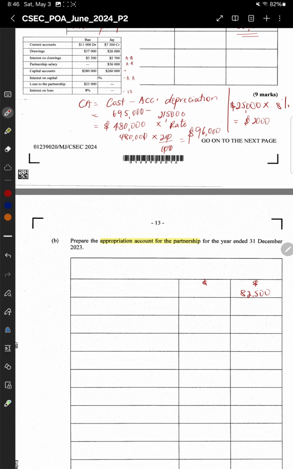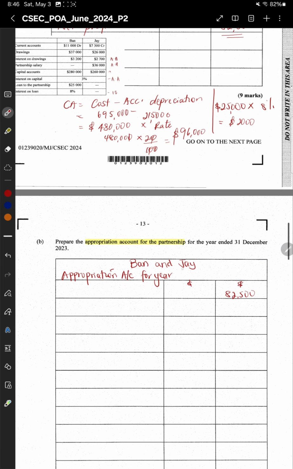Alright, so once again, Ban and J, and this is appropriation account for year ended 31st December 2023, and this was profit for the year.